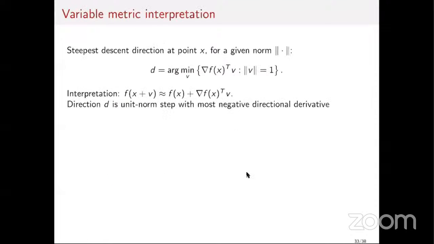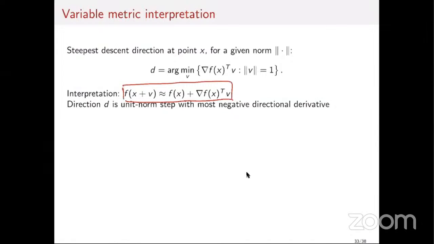So I wanted to give another interpretation, important to have in mind, of Newton's method and Quasi-Newton methods, which is the so-called variable metric interpretation. We know the first order Taylor approximation of a function around a point x is given by this formula.